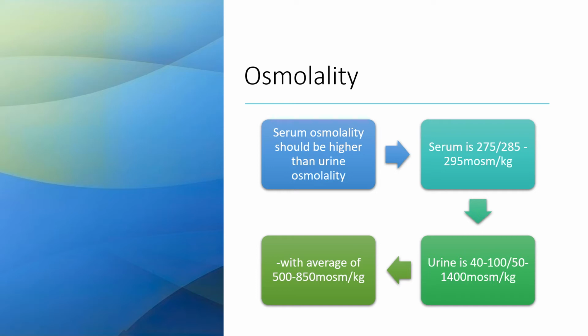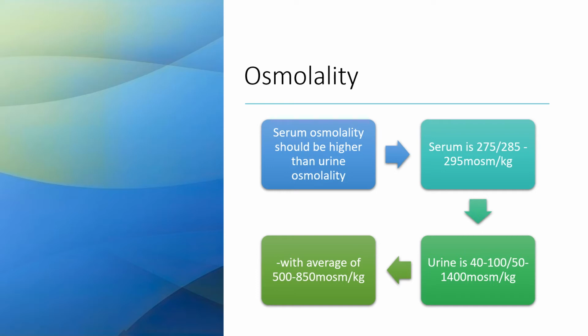So if you go through all the literature, you're going to find either 275 or 285 to 295 milliosmoles per kilogram. Urine osmolarity, on the other hand, is expected to be between 40 to 100. Some will choose 50 to 1,450 milliosmoles per kg.